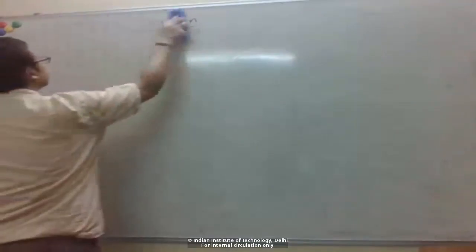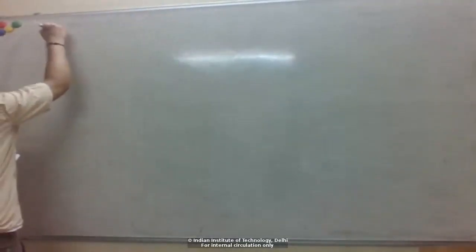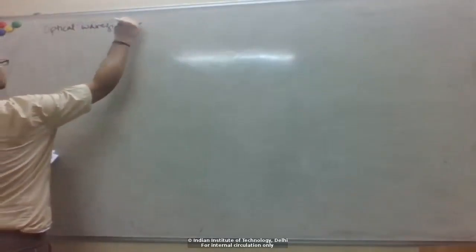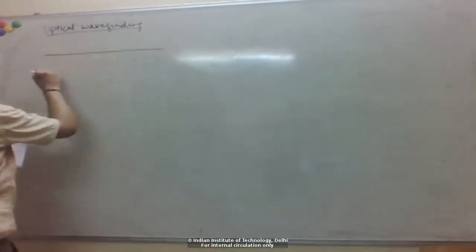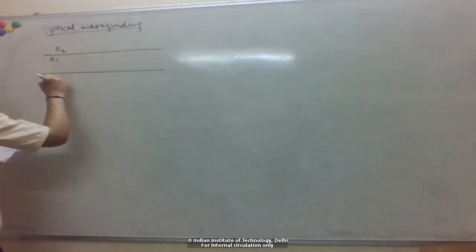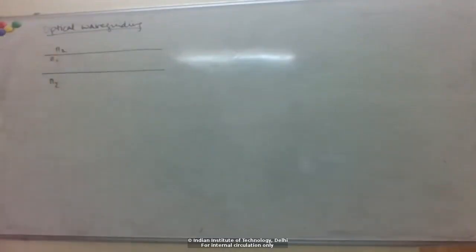Right, so let's discuss some basics of optical waveguiding. As I said, the simplest guide you can have is a high refractive index medium sandwiched between two low refractive index regions. So the refractive index profile looks like that.